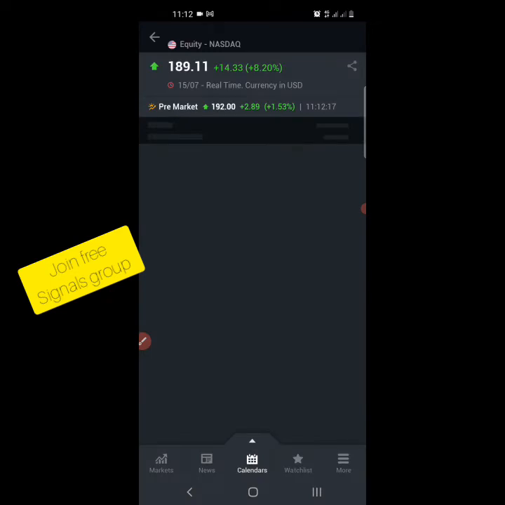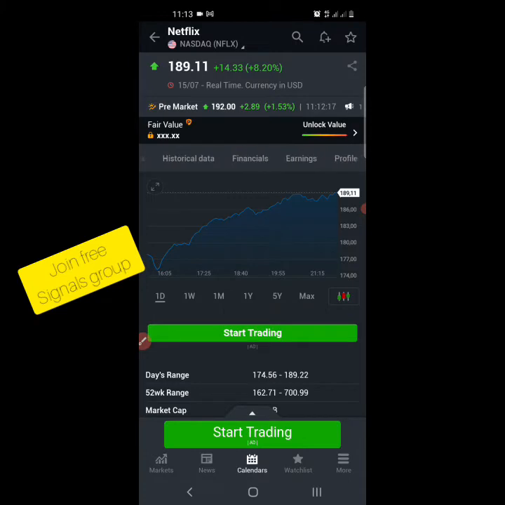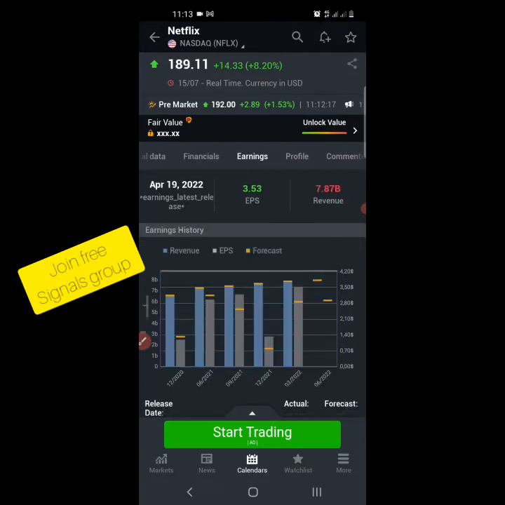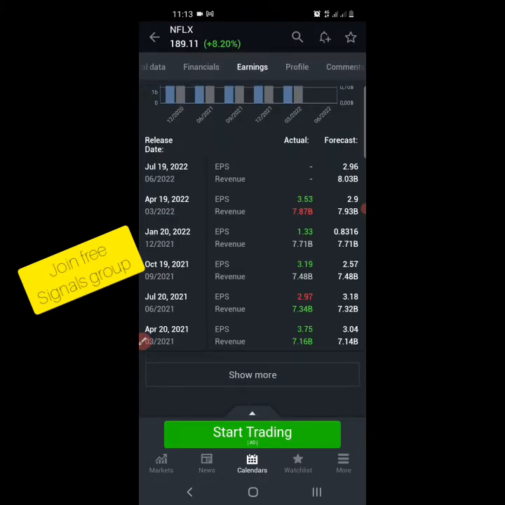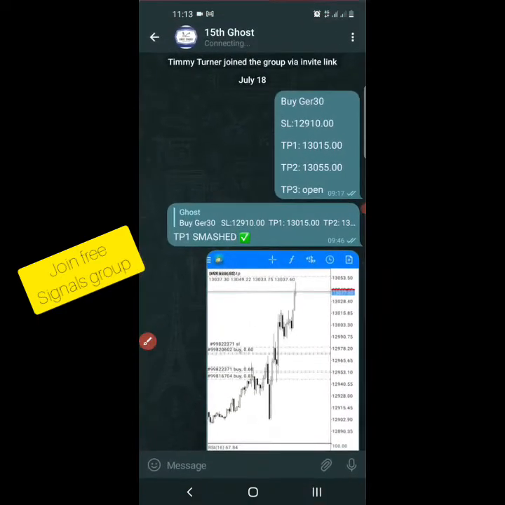They're going to be making their earnings on the 19th, right? On the 19th, which is not far from now, right? Since today, what's today? The 18th. Yes, they're going to be making their announcements tomorrow, right?